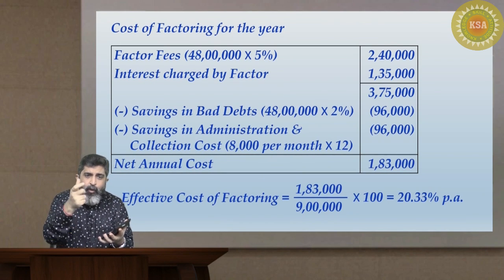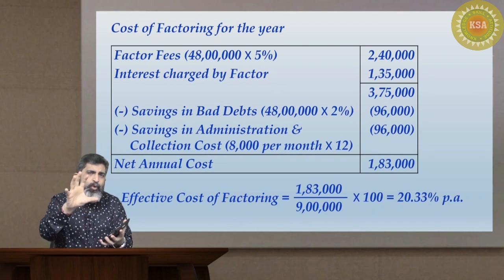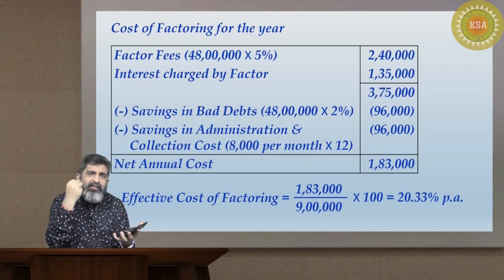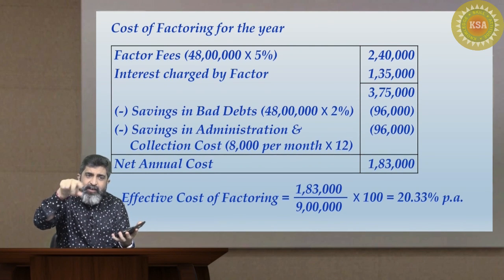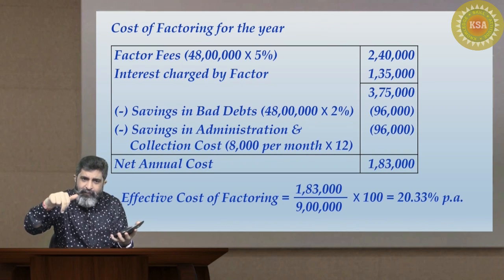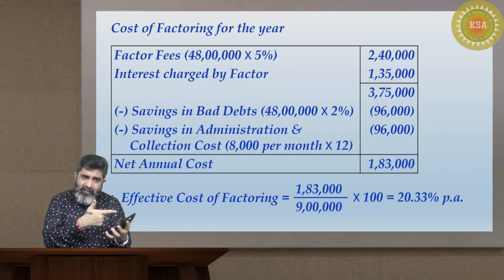However, suppose you wanted to calculate interest only for one cycle, then how do you compute interest for 3 months? It will be amount advanced into the rate of interest into the time, that is 3 by 12. So in that case it will be 9 lakhs into 15% into 3 by 12, and that comes to 33,750.